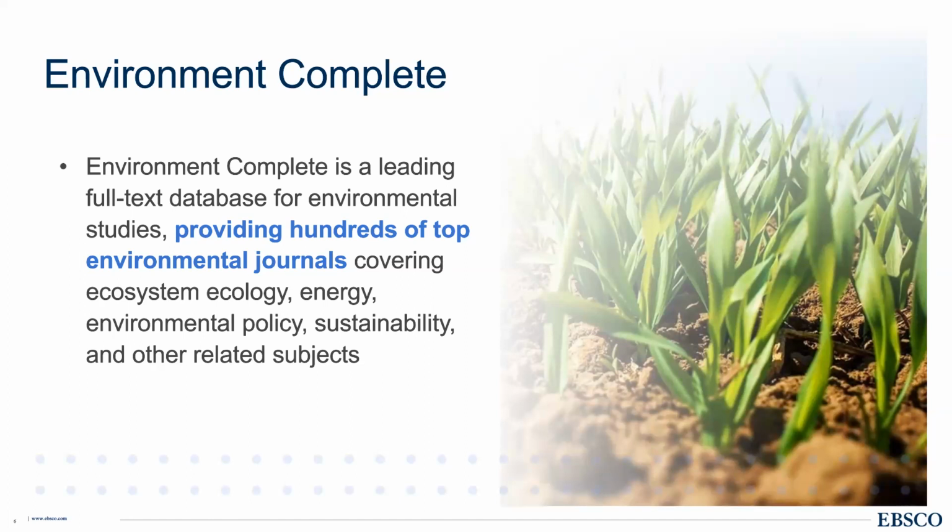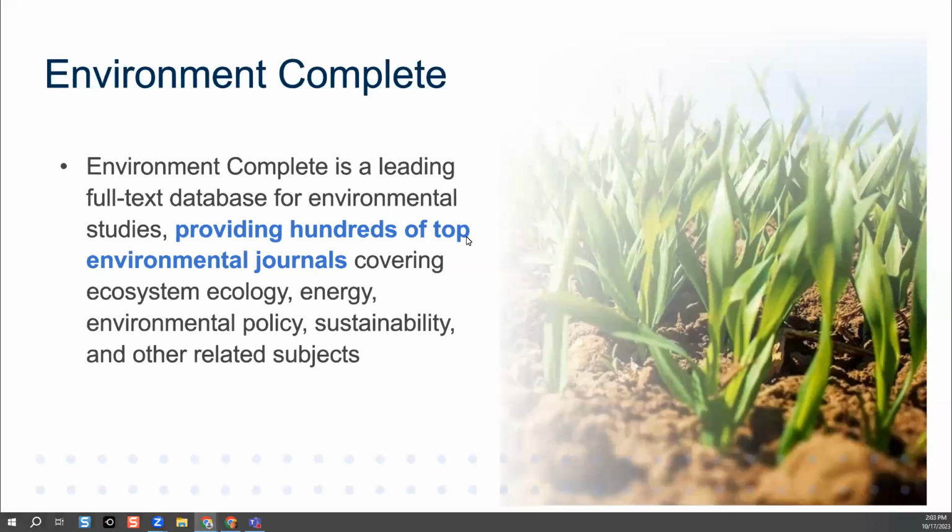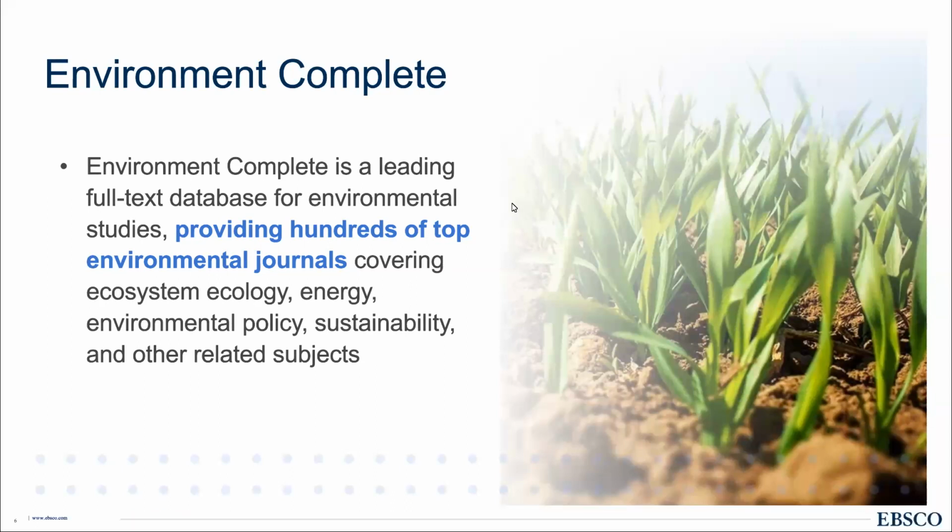So we're talking today about Environment Complete. Just to give an overview, it is the leading full-text database for environmental studies, providing hundreds of top environmental journals covering a ton of subjects.